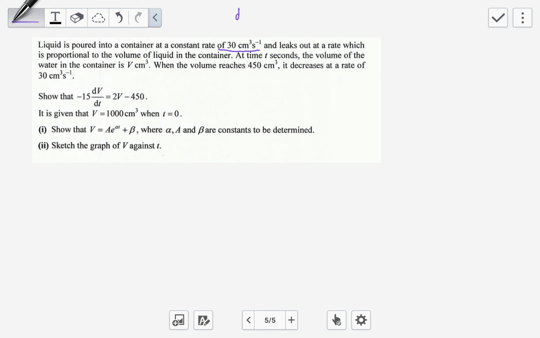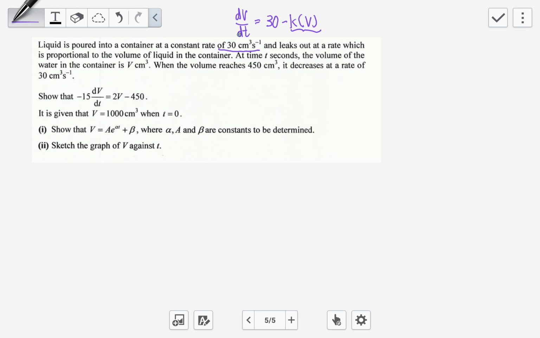dV/dt, which is the rate of change of volume of the water, is equal to the amount of water that is poured into the container per second minus the amount of water that is leaked out of the container per second, which is proportional to the volume of liquid in the container.